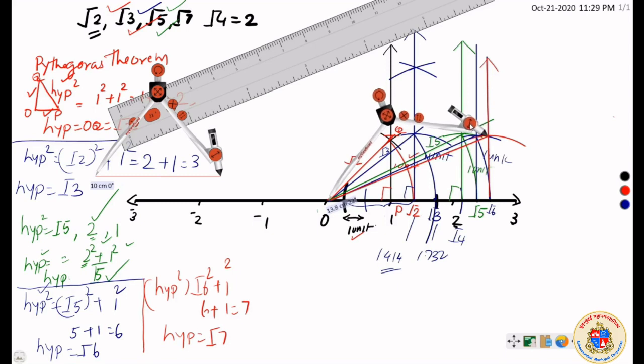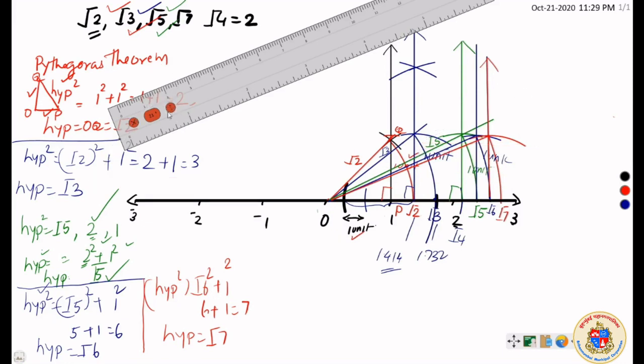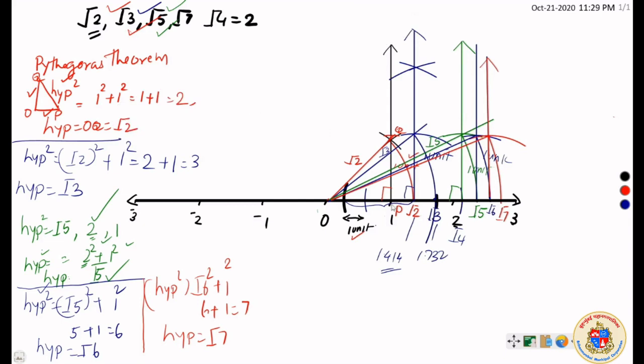This is equal to root 7, and complete that onto the number line and you mark it there. So you could mark root 2, root 3, root 5, root 7 on the number line.